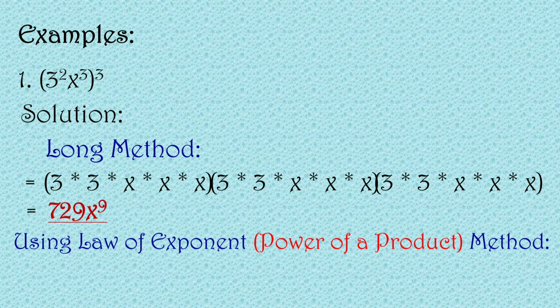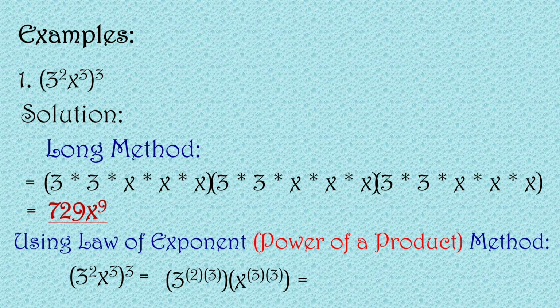Pero, pag gamit ang power of a product, so, etong 3, kopyahin natin. Meron pala siyang exponent na 2. So, times natin yung exponent nila na 2 tsaka 3. Tapos, si x, ganun din. I-multiply natin yung exponent niya na 3 doon sa outer exponent, which is 3 din.